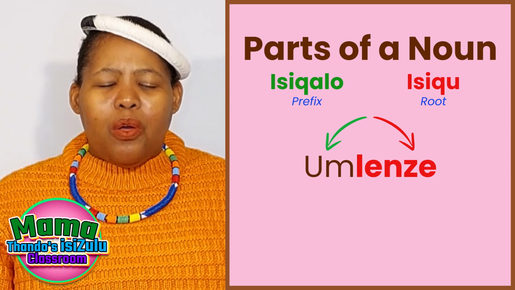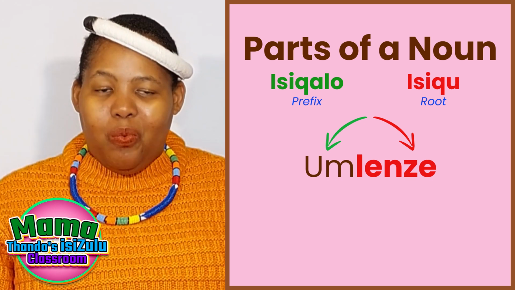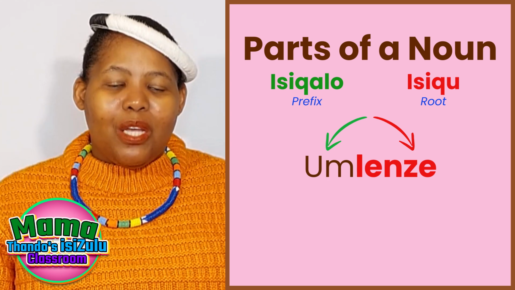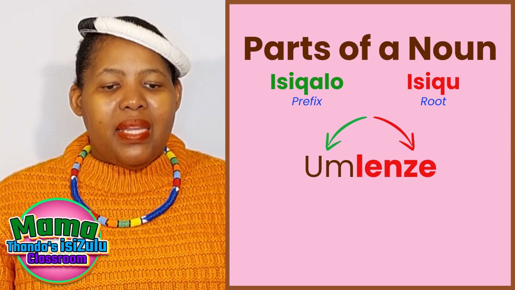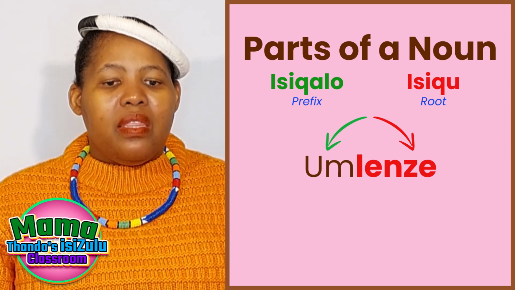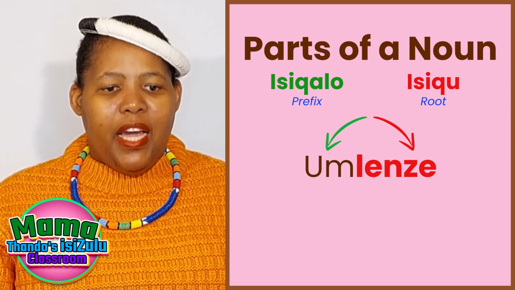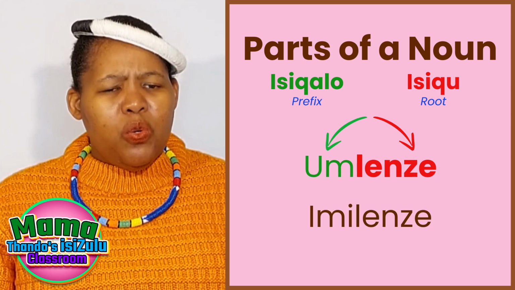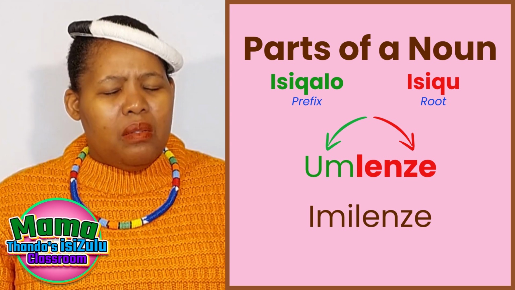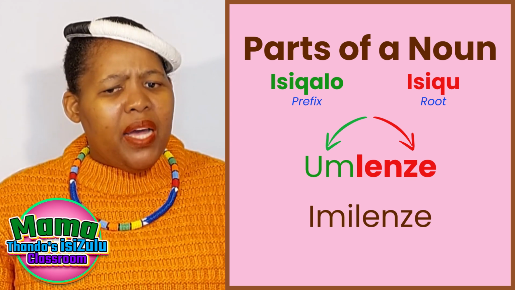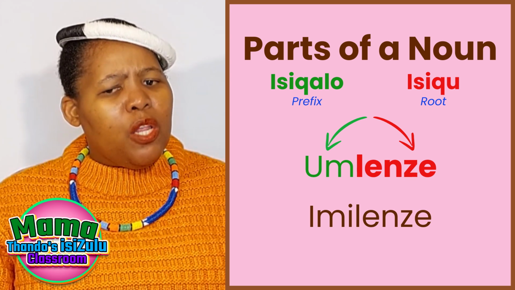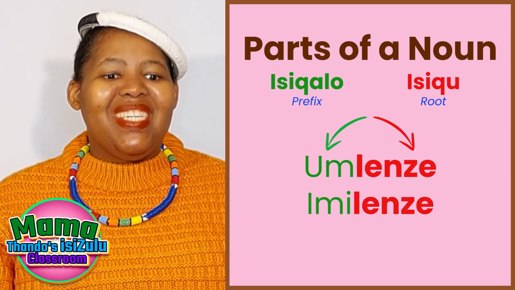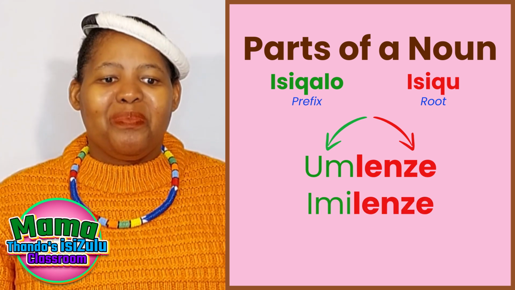Now, we now see what isiqalo is. It's now obvious. It is um and that is the prefix, the start of the noun. When it is now plural, imilenze, legs, which part of it is isiqalo? Yebo mngani, it is imi.